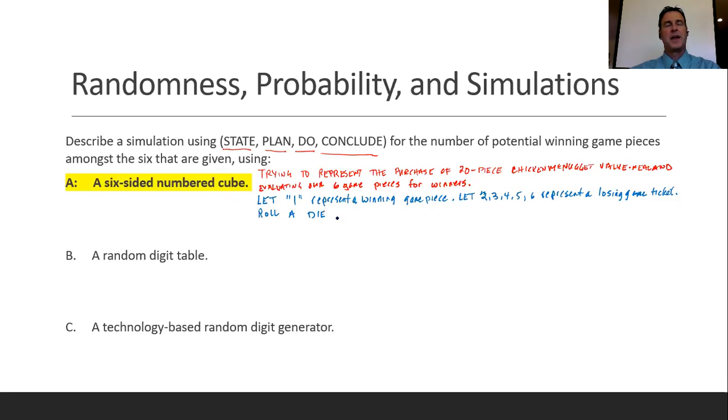If I roll it once, that represents 1 game piece. On my entire chicken McNugget value meal, I actually have 6, so I'm going to roll my die 6 times and record the results. And know that because each outcome is independent from the next, repeats are okay.